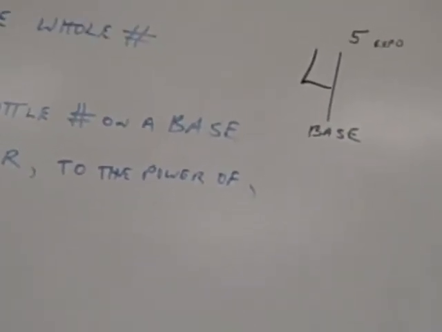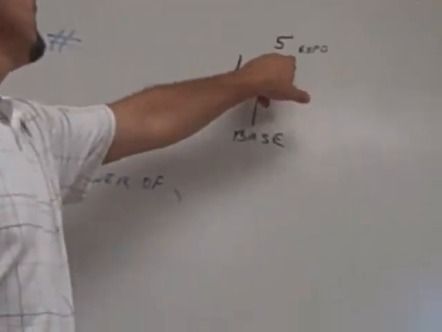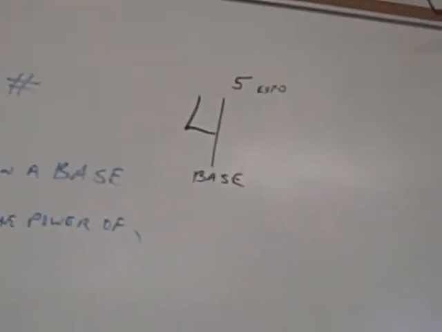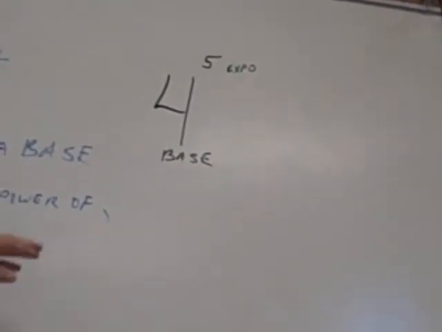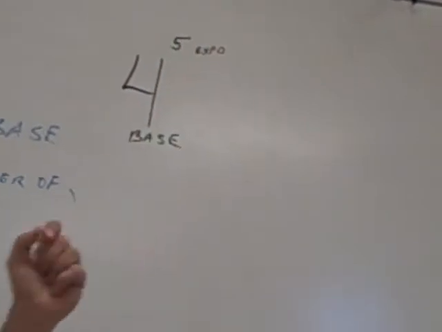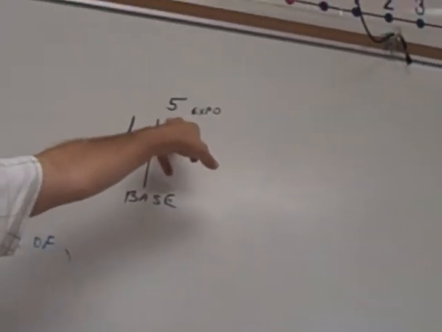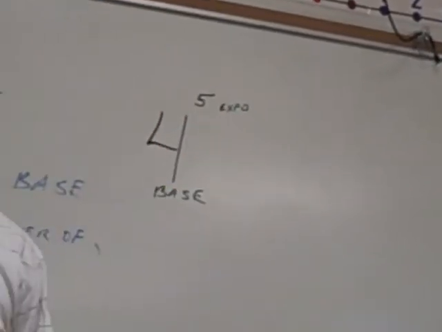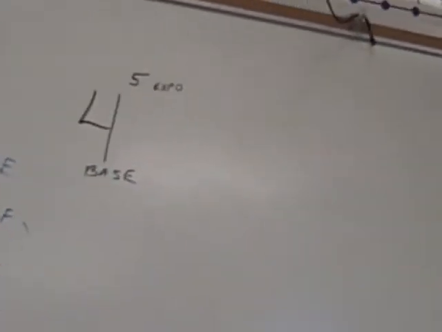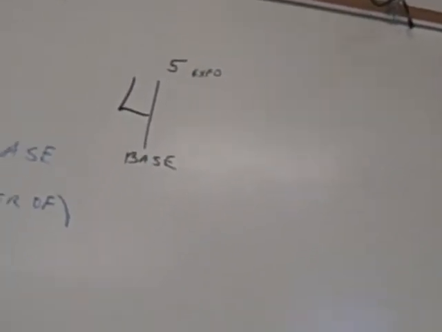Those are just some other words for exponent. So, this could be called 4 exponent 5. Or you could call it 4 power 5. Or you could call it 4 to the power of 5. Everybody with me on what we're saying here, okay? Those are different words for exponent.